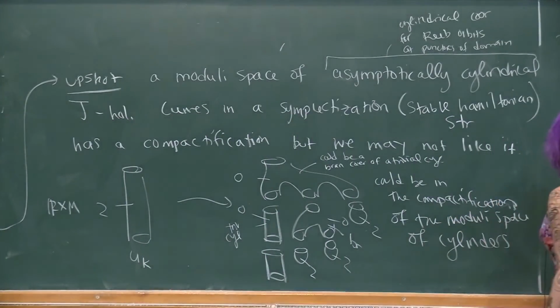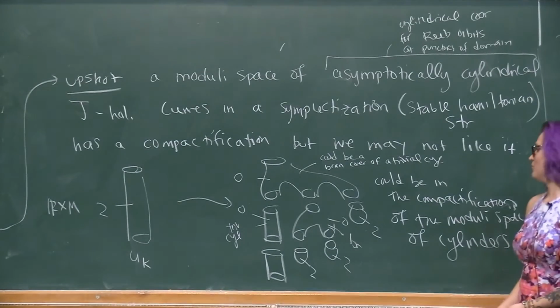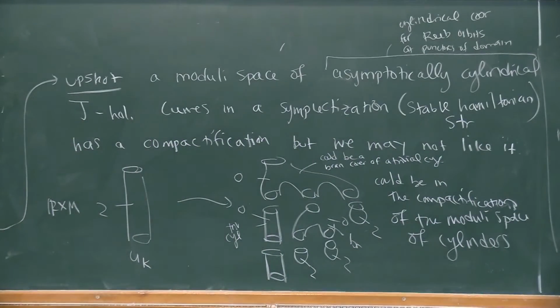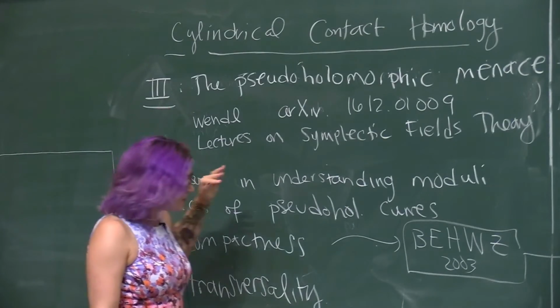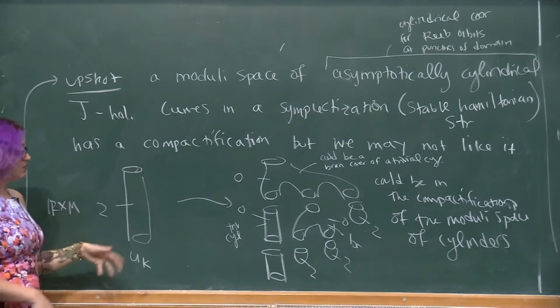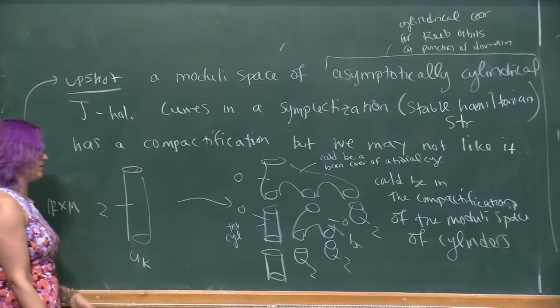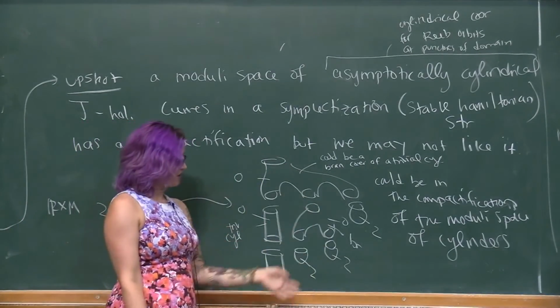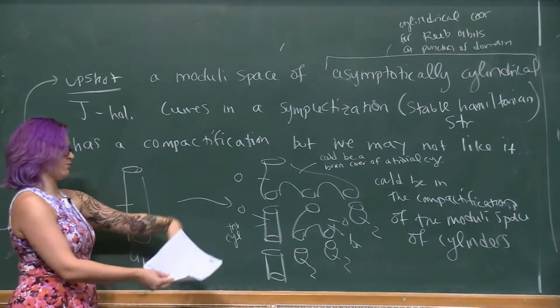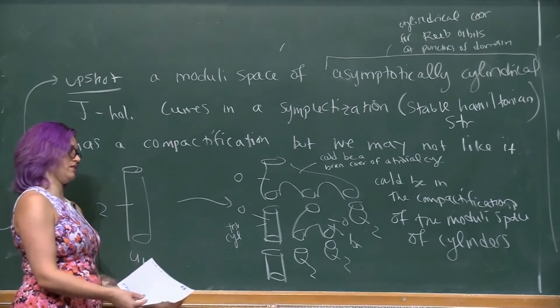What I'm trying to say is that there's a long paper, which is maybe better explained in Wendl's notes, and it says that our moduli spaces of curves admit some compactification, but it can consist of branched covers of trivial cylinders, and for that reason, we're not going to be able to run arguments like existed in Morse theory.